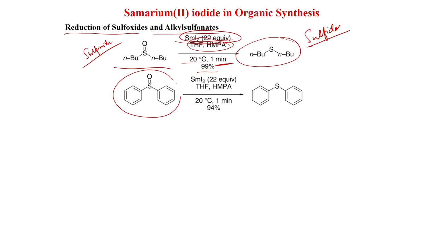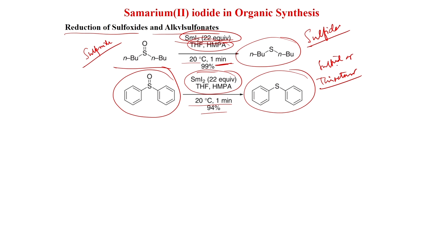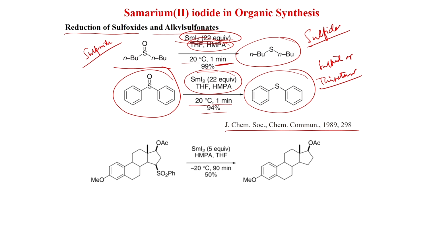So, this is aromatic biphenyl sulfoxide with samarium iodide THF HMPA, same condition, 20 degree centigrade, 1 minute, you get 94% yield of this compound. This is also sulfide or thioether. Sulfide or thioether. This was published in Journal of Chemical Society Chemical Communications 1989.